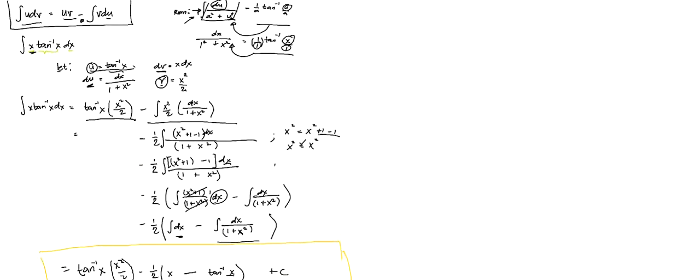So let's review. We have the integral of x arctangent of x dx. We need to determine the u and the dv. We have two different functions here in terms of x, so we have to determine which is u and dv. It is suggested that our dv must be integrable. Which one is integrable here, the x or the arctangent of x?